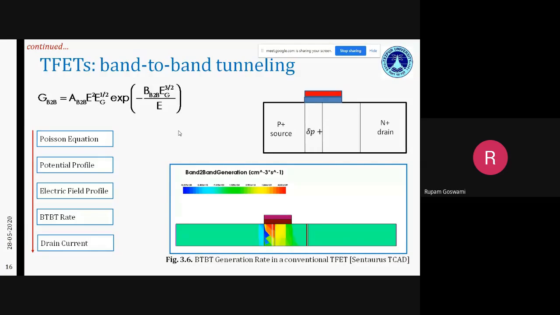So instead of doing a whole set of numerical simulations for the device and then going for the circuit simulator, what if you have a simple equation which you can directly plug into your circuit simulator and then obtain the different results? So that is the beauty of analytical modeling, and that is where these questions become very significant. And it is not whether the potential profile or the electric field profile is sufficient or accurate. The question is whether you are able to derive the drain current equation for your device.